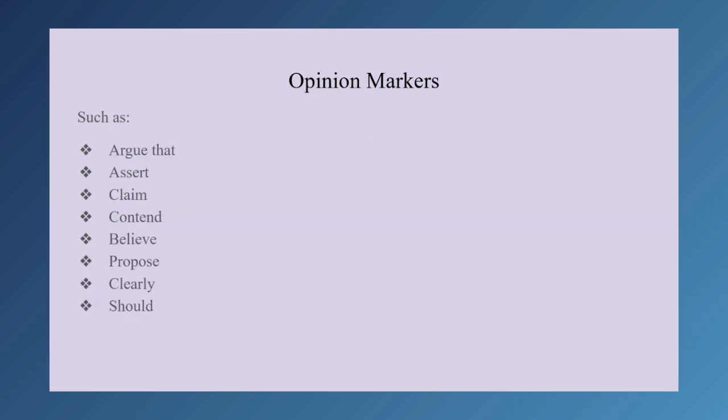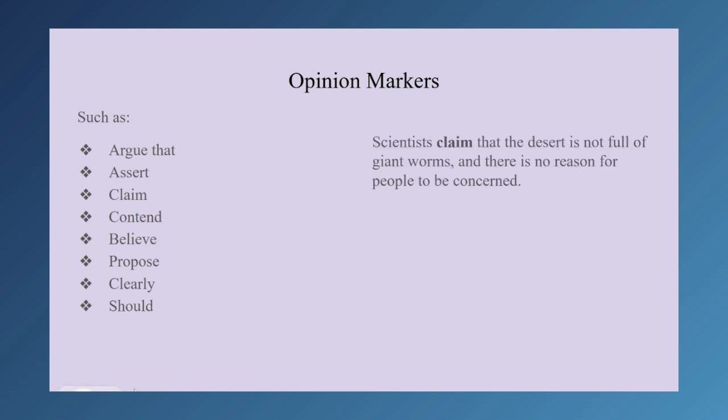Opinion markers are words that indicate an opinion, the author's or someone else's, is being presented. They typically include words like argue that, assert, claim, contend, believe, propose, clearly, or should. For instance, scientists claim that the desert is not full of giant worms, and there is no reason for people to be concerned.